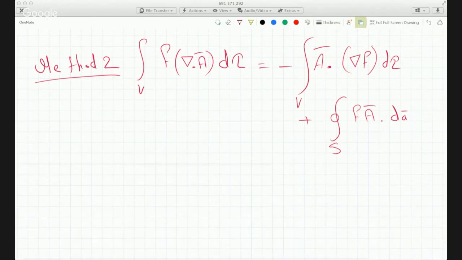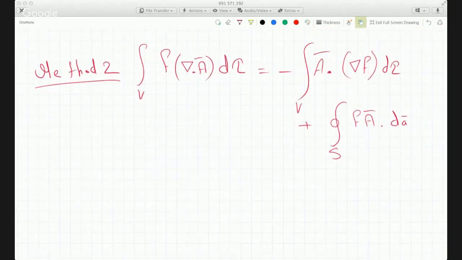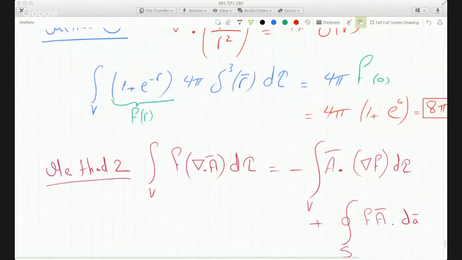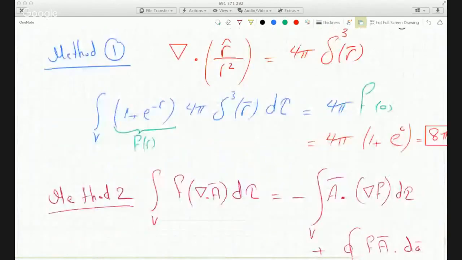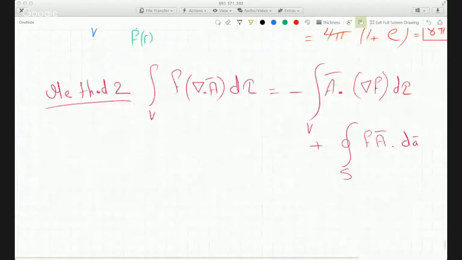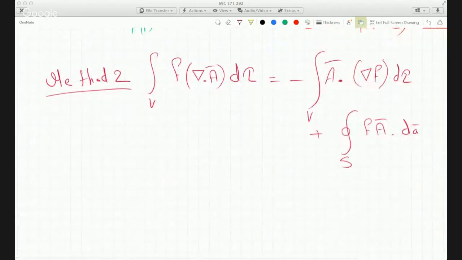So if I apply this to the integral we have, let's dismantle it. Let me rewrite it.